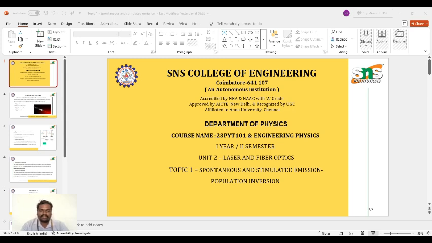First of all, we know the structure of the atom. An atom in the lower level E1, energy state 1, absorbs an incident photon and jumps to the excited state E2, our upper state or upper energy level. This process is called induced or stimulated absorption, or simply absorption.